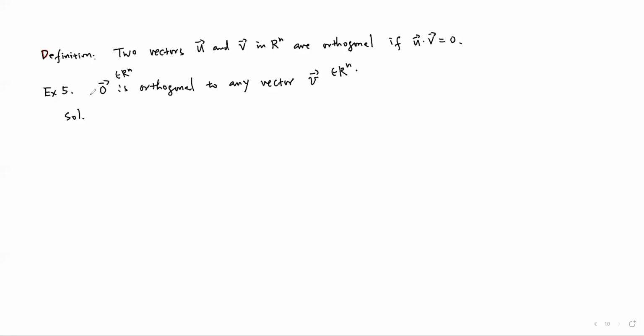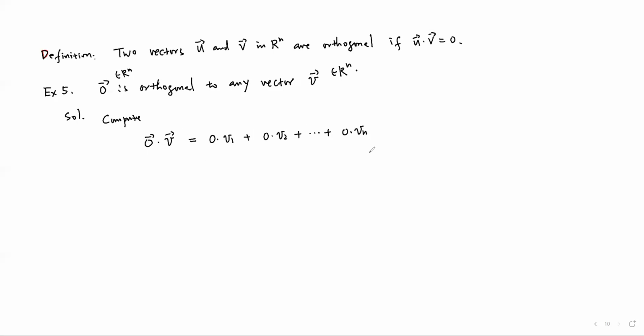Go back to the definition. Let me compute the inner product of the 0 vector and the vector V. By the formula, the inner product is the first component 0 times the first component of V, V1, plus the second component times the second component of V, and so on.